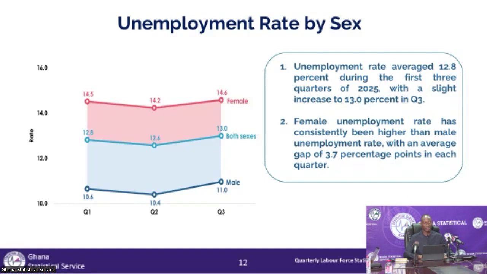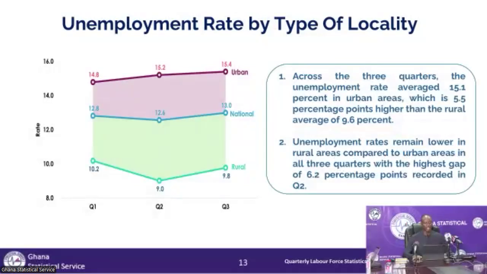Let's look at unemployment rates by locality. We see that urban unemployment averaged 15.1% over the period, compared to 9.6% in rural areas, with the highest gap of 6.2 percentage points occurring in Q2 of 2025.